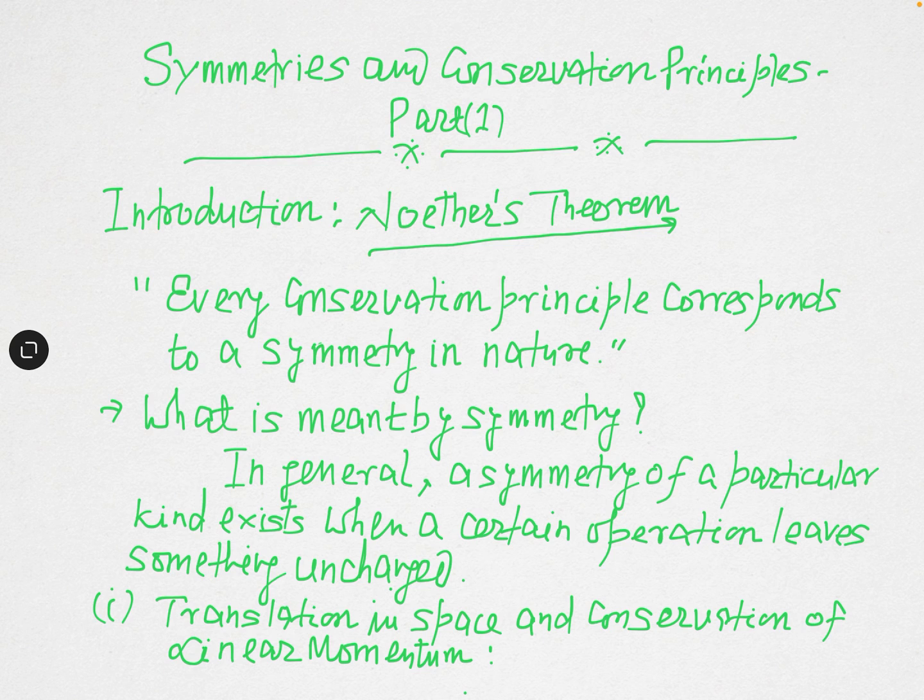A candle is symmetric about a vertical axis because it can be rotated about that axis without changing in appearance or any other feature. When you rotate the candle about a vertical axis, no feature changes. So we say that the candle is symmetric under rotation about a vertical axis.